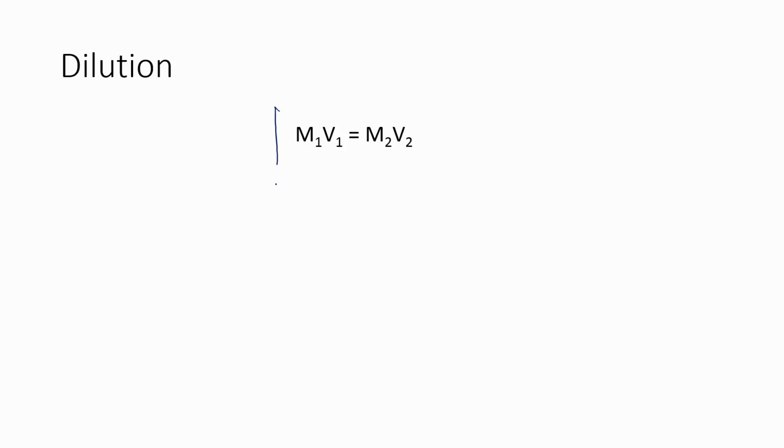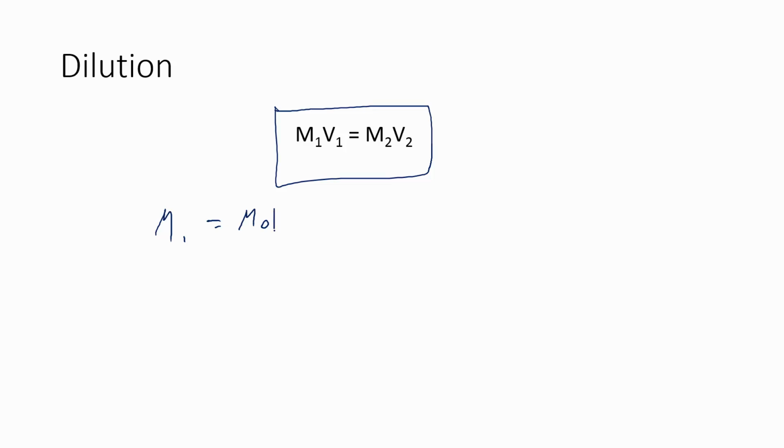This equation is almost worth getting as a tattoo. This is used so often in industry, in research, in this class, in your next class for chemistry, in organic chemistry later on, in biochemistry after that. This one's used all over the place. Well, what does this mean?